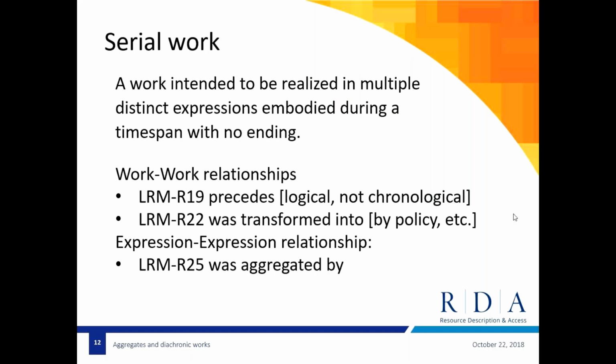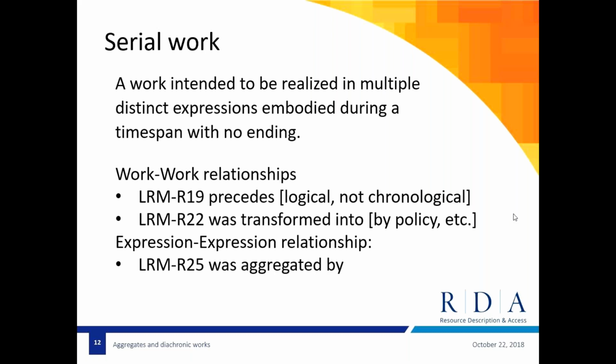If you change your plan, say the New York Times decides it's going to produce a French edition, then it's a new serial because you've changed the characteristic of its expression. But we can say the original English New York Times is being transformed into the French New York Times, and it's a policy change. There's a whole bunch of these.